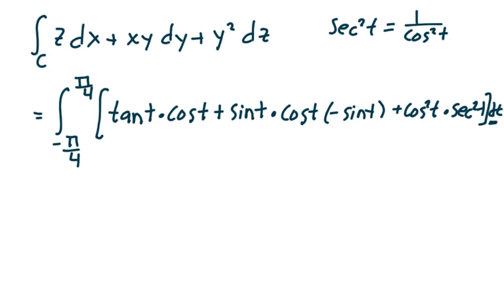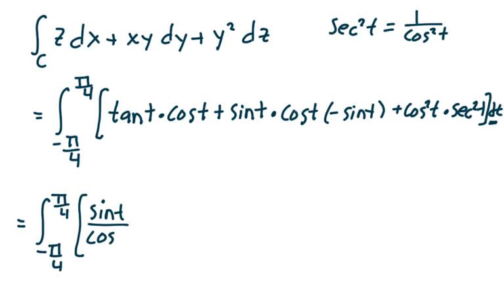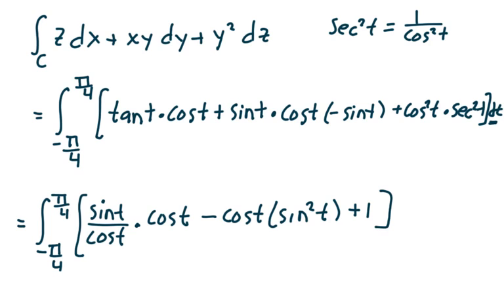Now, this, again, is the integral from negative pi over 4 to pi over 4 of sine t divided by cosine t, that's just tangent t, times cosine t, minus cosine t times sine squared t plus 1 dt. This probably looks a little nastier than what it is.